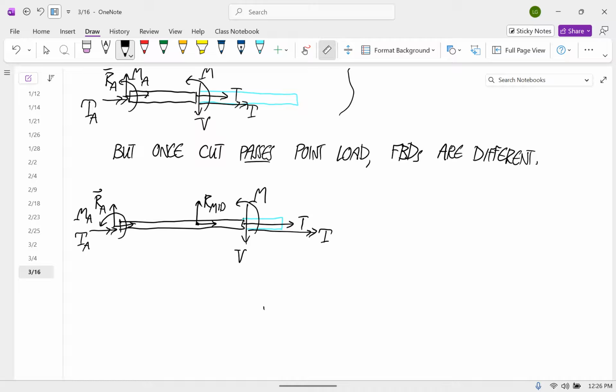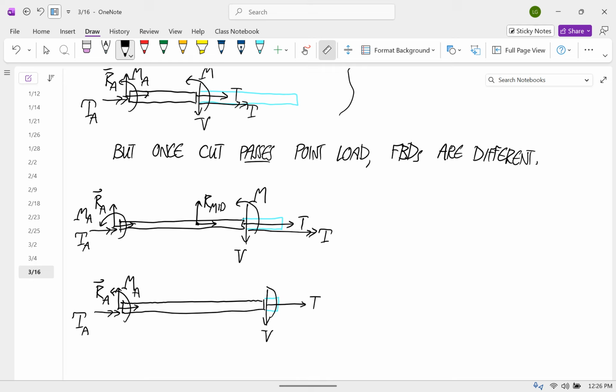And then just to complete the set, I'll do one more. So this is RA, MA, torque A, the internal loads, and then we still have that R mid.